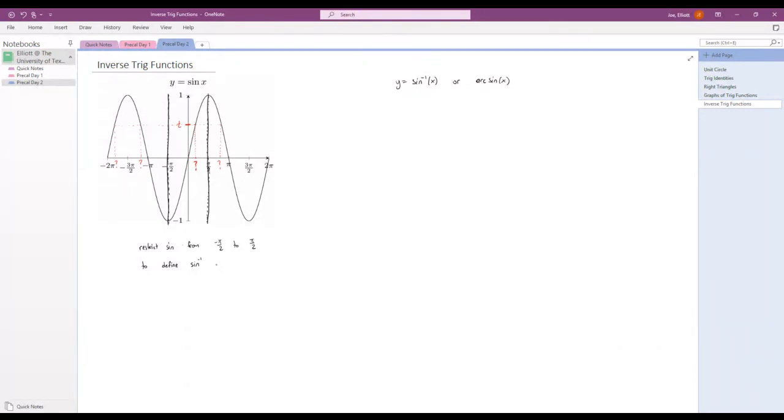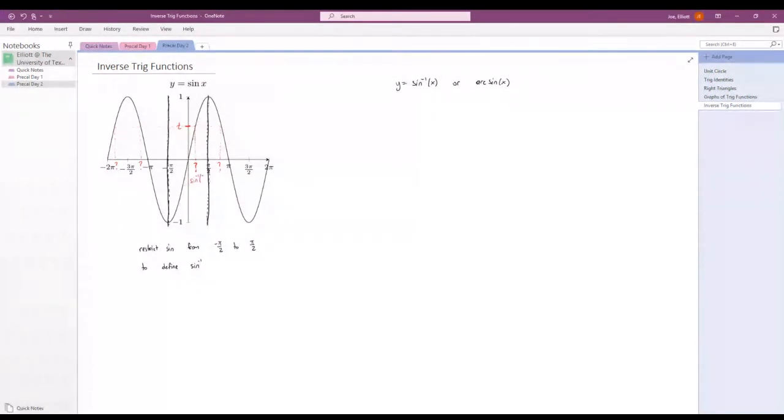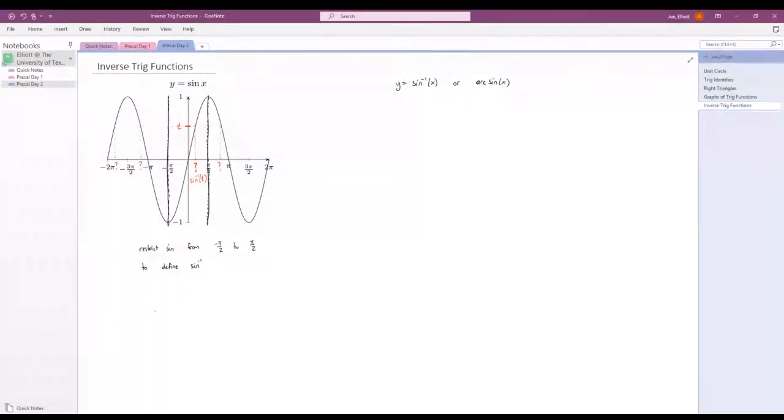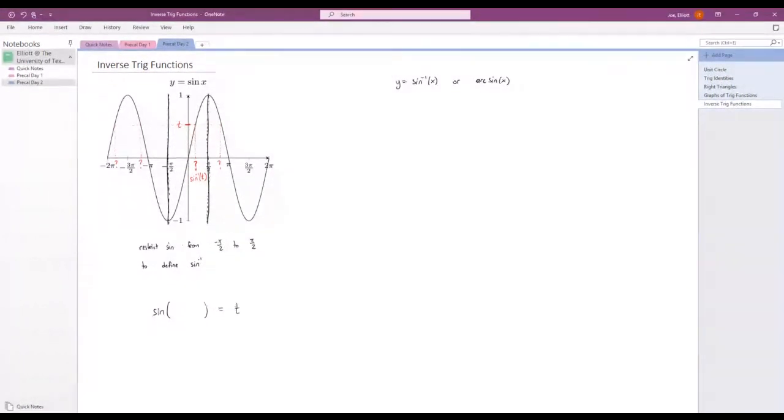So how does the inverse sine function work then? The inverse sine function is basically the value in the domain that I need to plug into sine in order to get the corresponding value in its range.